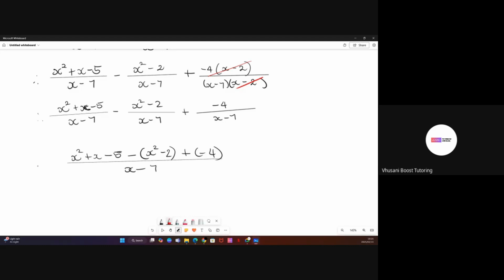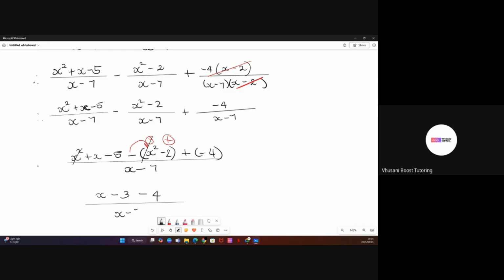When I multiply this negative inside, I'll have a negative x squared and a positive 2, right? So the negative x squared will cancel out with the x squared over there. So I'll have the x remaining, and then the negative 5 plus 2 will give me a negative 3. And then we also have that negative 4 as well. So let's just write it down.